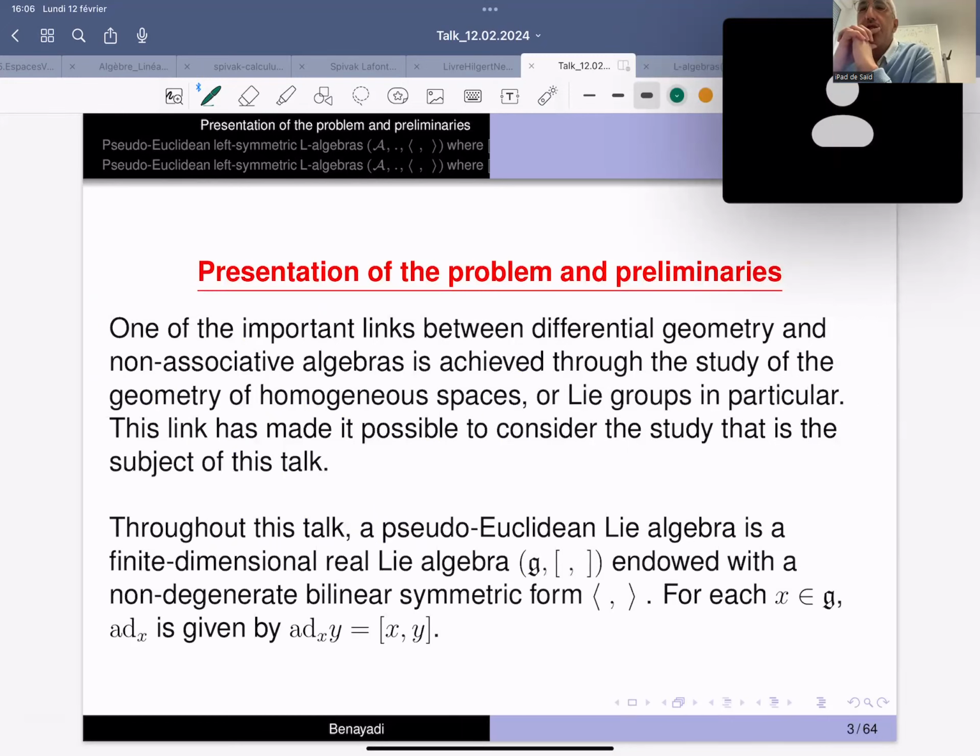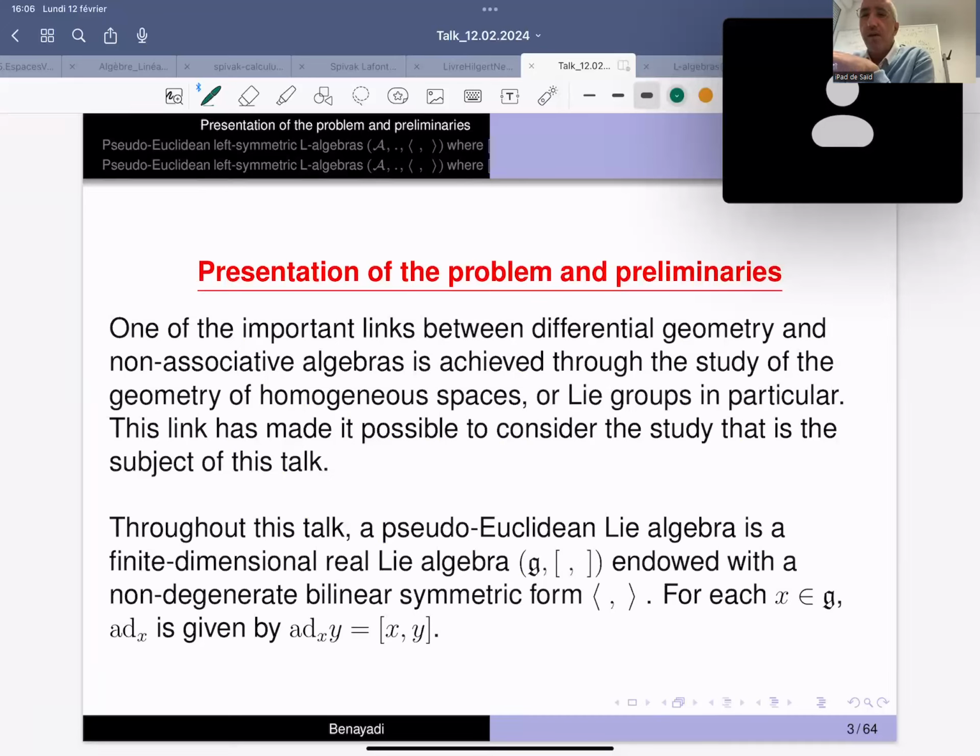We know that important links between differential geometry and non-associative algebra are achieved through the study of the geometry in general of homogeneous spaces or Lie groups in particular. This type of link has made it possible to consider the study that is the subject of this talk.